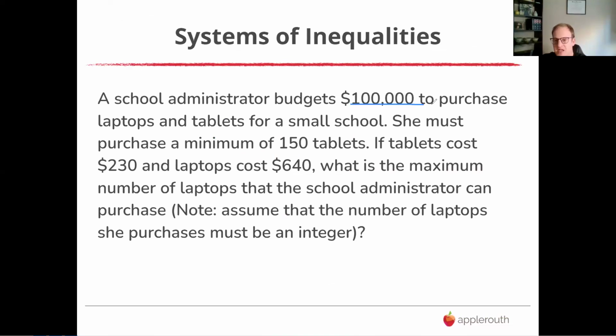Here, I'd be looking at the money part of it and then thinking about how many different things I have. So there's like the inequality, which is laptops plus tablets, usually. In this case, they only had a tablet inequality, which is right here. So just think each part minimum. That means I have to be at least greater than or equal to 150. I think the biggest advice I have is break it down into steps and try to translate to numbers.